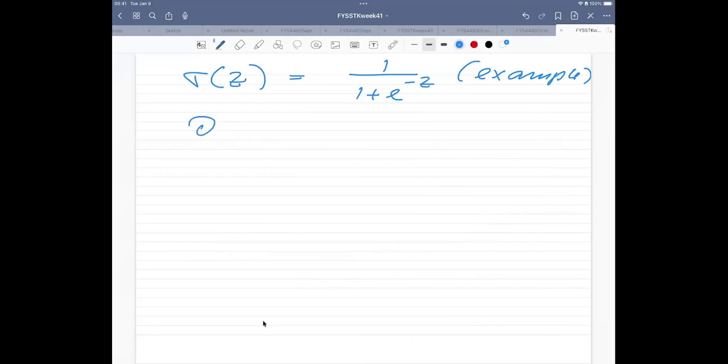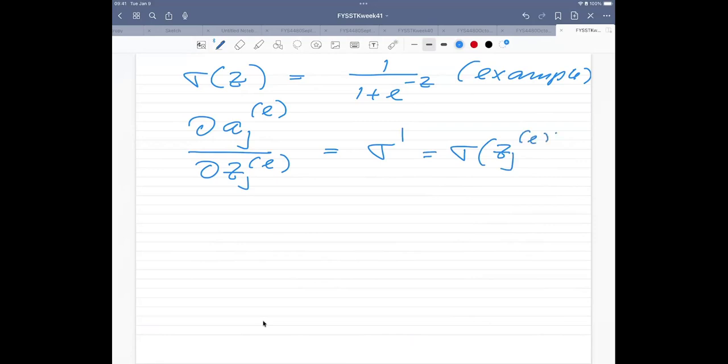Then we know that this d of a of j for layer L with respect to dz j of L. This is something which we previously just called the derivative, but in this specific case, it's going to be the same when we have the sigmoid function multiplied with 1 minus sigma of Cj of L, like this.